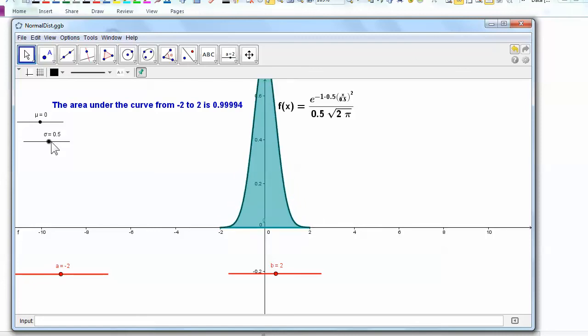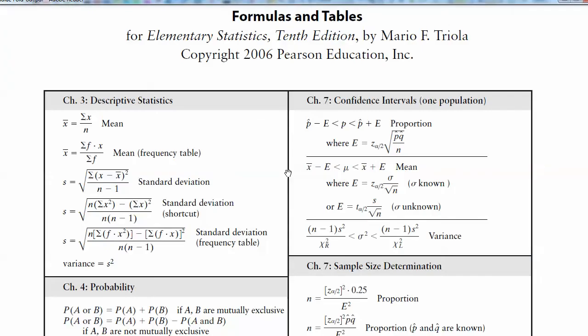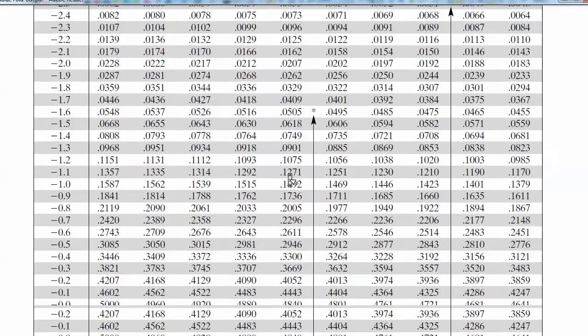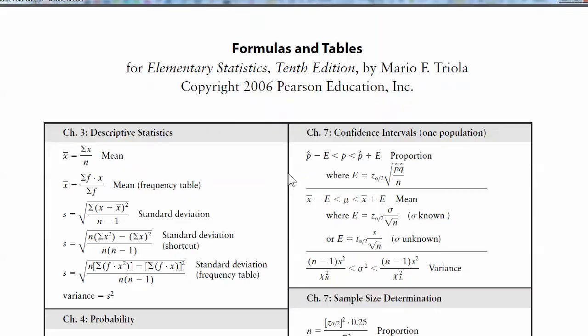And essentially what I'm getting at here is that if it's not a standard normal distribution, it doesn't look like the one that we have on our z-distribution table. In fact, I'll go to the pages. If you didn't see that already, this is that formulas and table sheet.